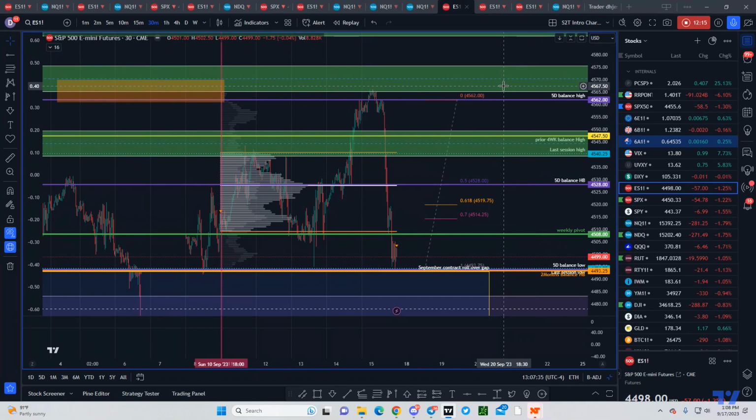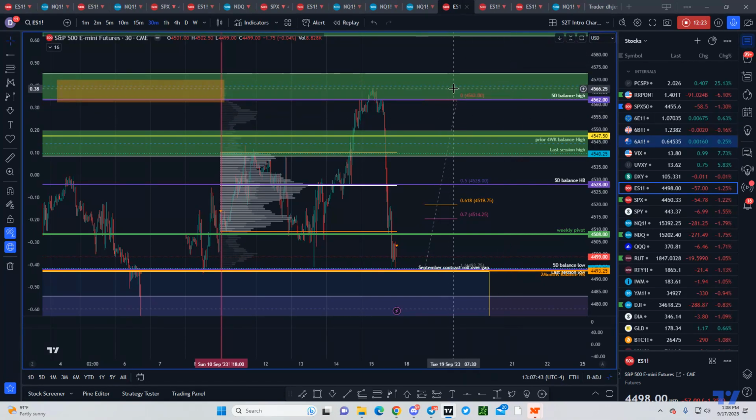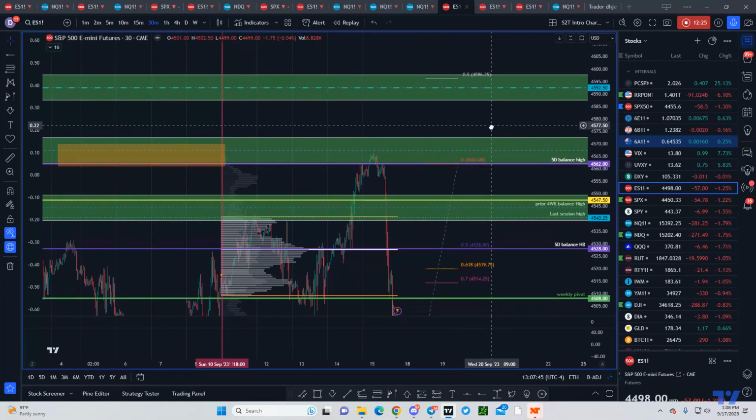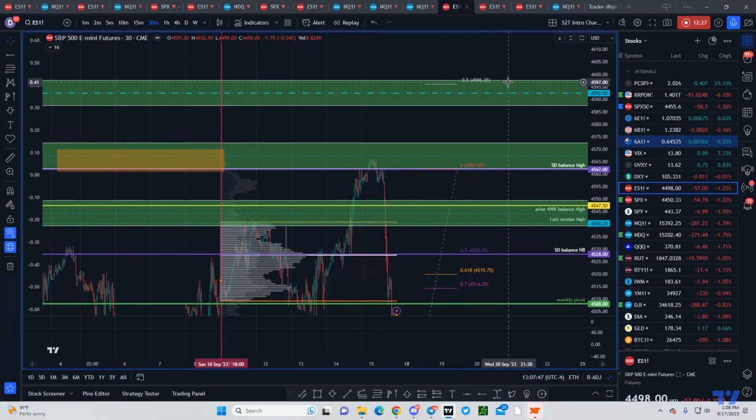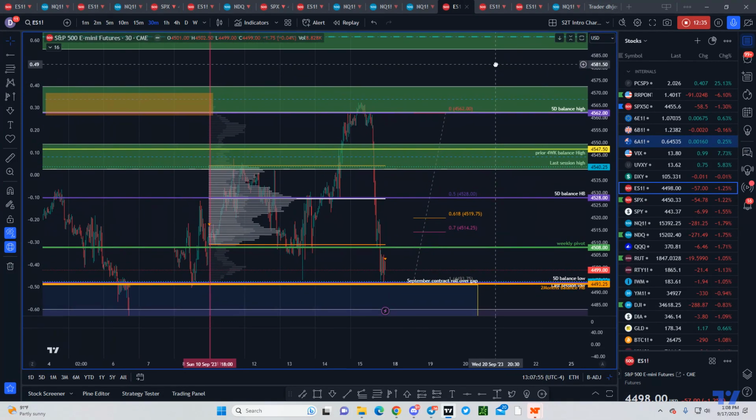Then what I like to do is bring this one down a little more and cover that 62 area. If you get an overshot to 66, great. And then I leave this one right here so we can cover the 50% of that range.